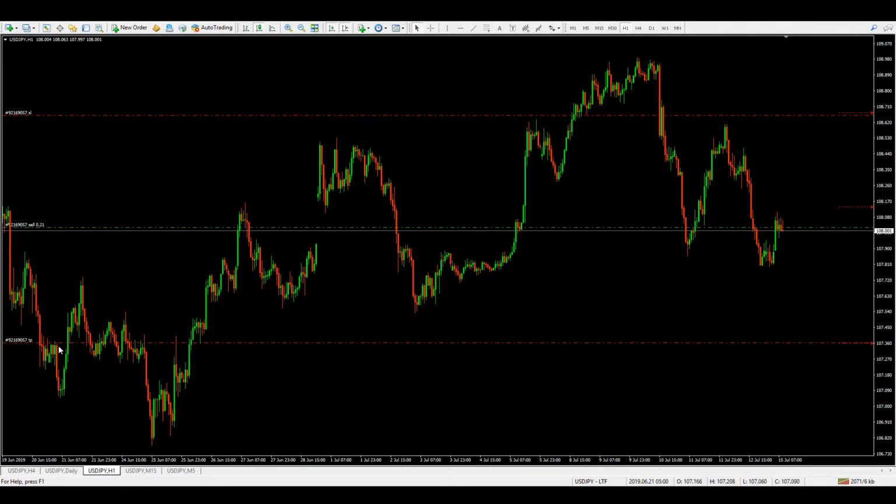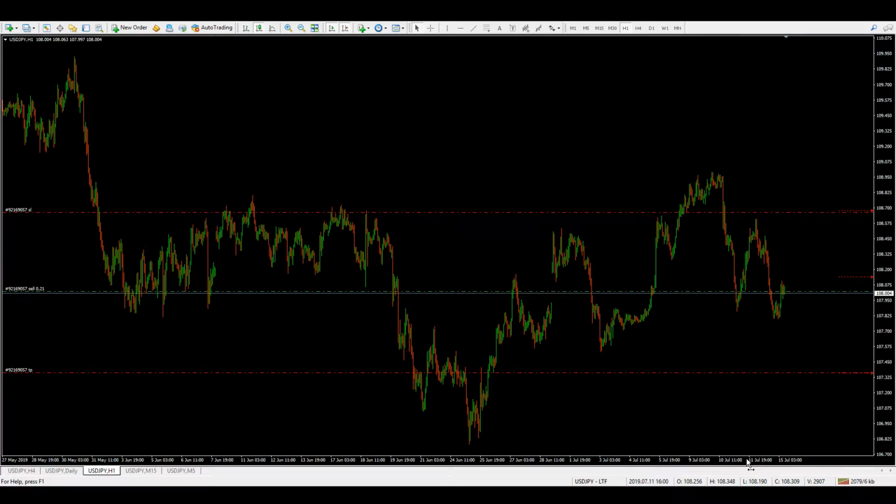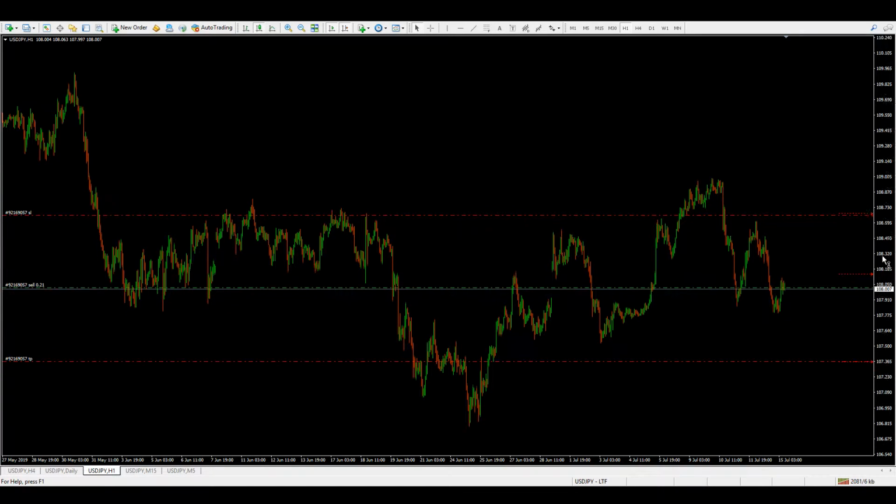What I'm looking at on the hourly are these areas here. So my take profit is basically bang on an area which could potentially have some support as it comes down. And I just know that because I've been looking at charts for thousands of hours.